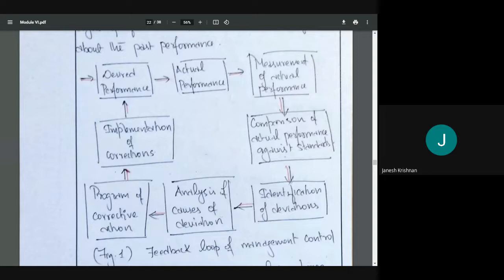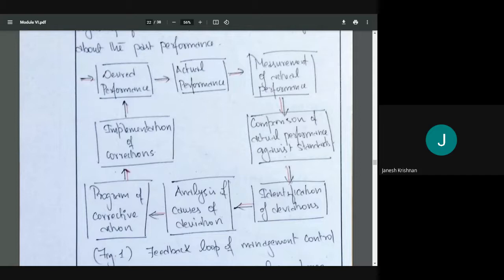How well did we do? How well have we done? So we measure our actual performance.